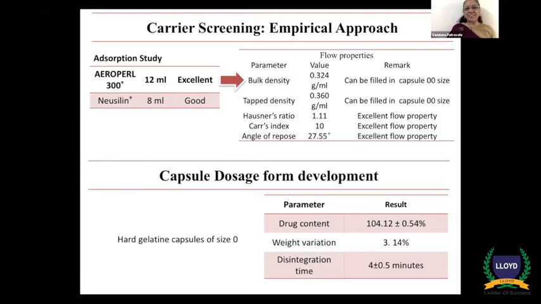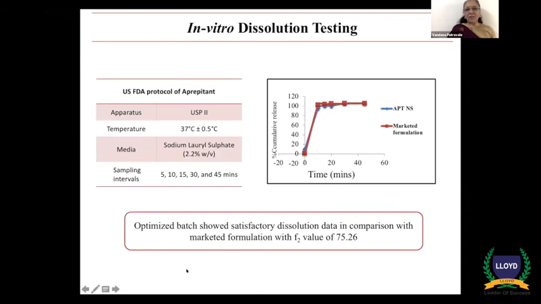That was sufficient. We looked at flow properties, and they were excellent. So we filled it into capsules. Again, the results were acceptable as per pharmacopoeia. We did in vitro dissolution testing, and you can see that it matched entirely with the marketed product.